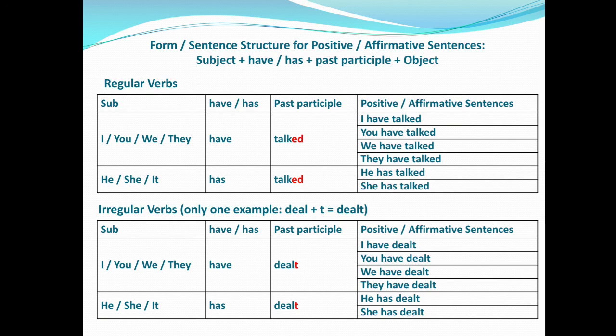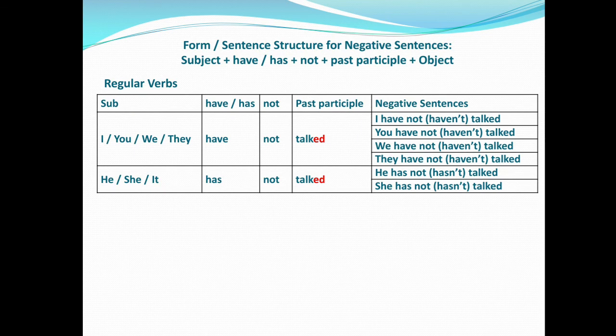Okay. Now, let us look at the negative sentences, how to form them. Okay. So, here you are aware of the rule that we have to add the word not to make it negative. So, same way for regular verbs we will add not in between. You can see the third column. So, you get I have not talked. Now, you can see that I have combined again have not.